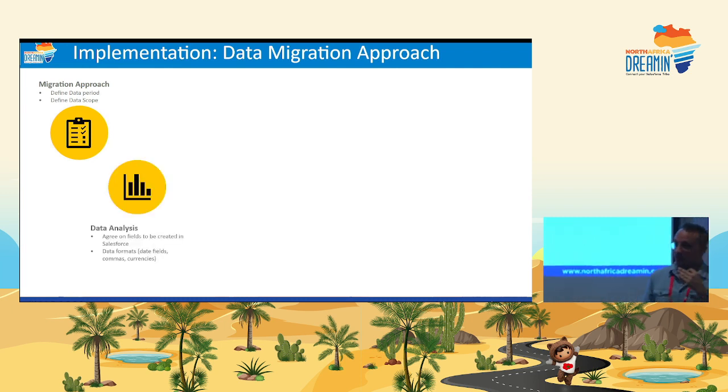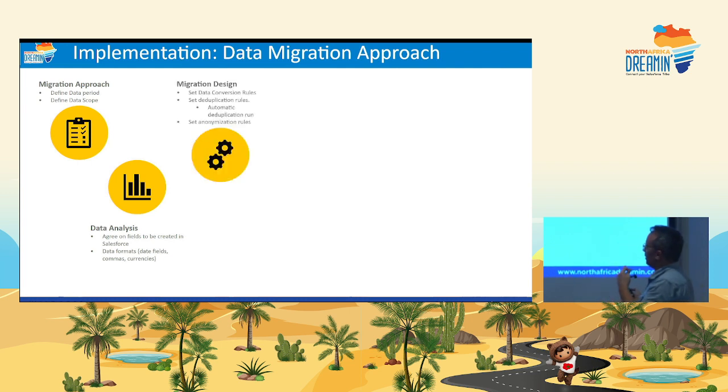So those are aspects that you need to take into account. You need to map your fields. We know that Salesforce has some standard fields, but the source of our data might have fields that we don't have, so you need to map and maybe create new fields. You need to also set some rules when you're going to migrate your data. You need to define the conversions that you're going to do. So if you have currency fields, how are they going to be transferred from one system to the other?